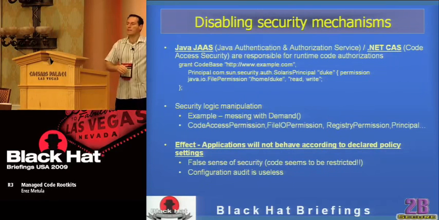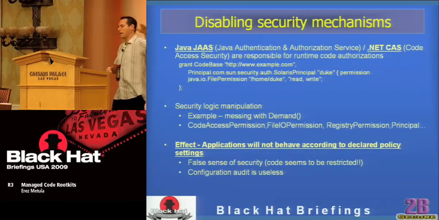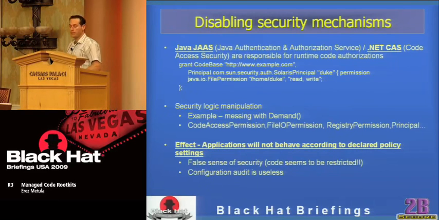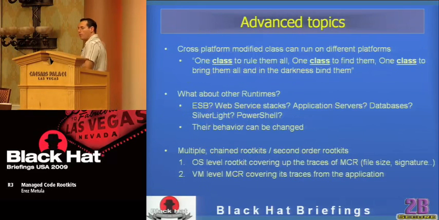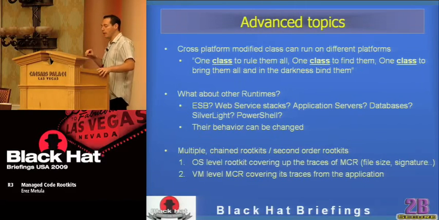Again, a false sense of security can be achieved using that. So, bad things that can happen. Up until now we talked about scenarios that can happen. And when we are talking about scenarios that can happen, we can take advantage of advanced topics.